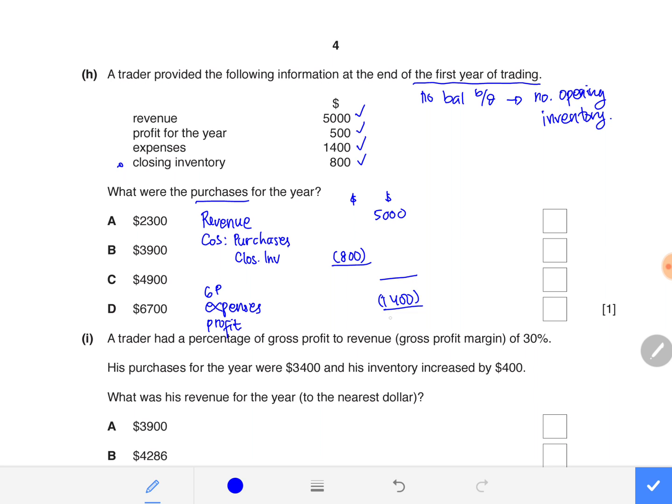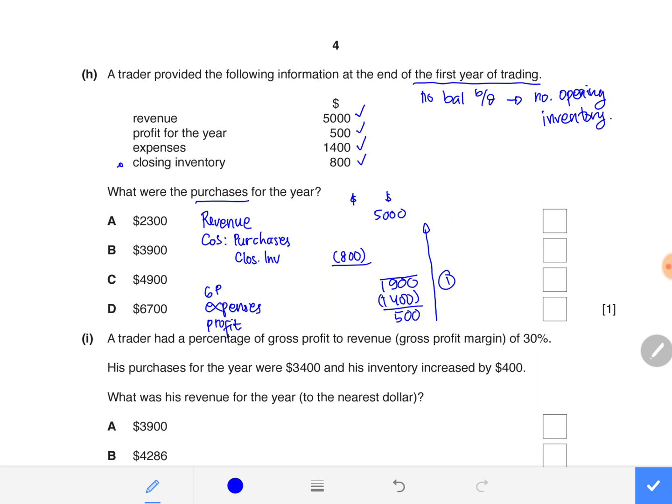Your profit is 500. So you go up all the way. First, if your profit is 500 and your expenses is 1,400, how much is your gross profit? Yes, it is 1,900.